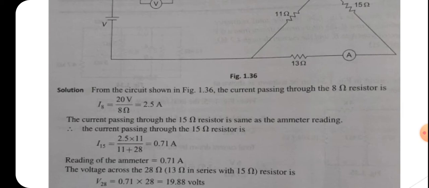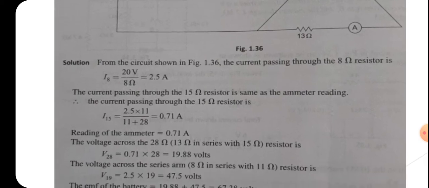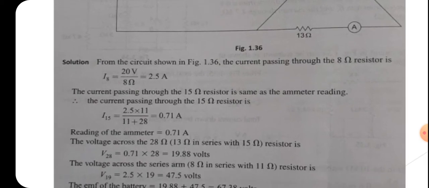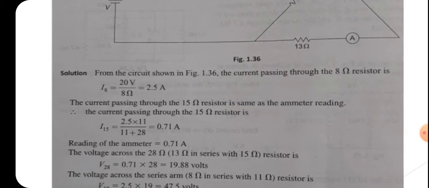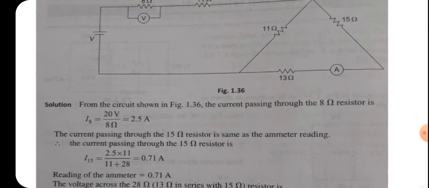Current is 0.71 and resistance is 28. Therefore the voltage drop will be 0.71 into 28, that is equal to 19.88 volt. So the voltage drop across that branch will be 19.88 volt.